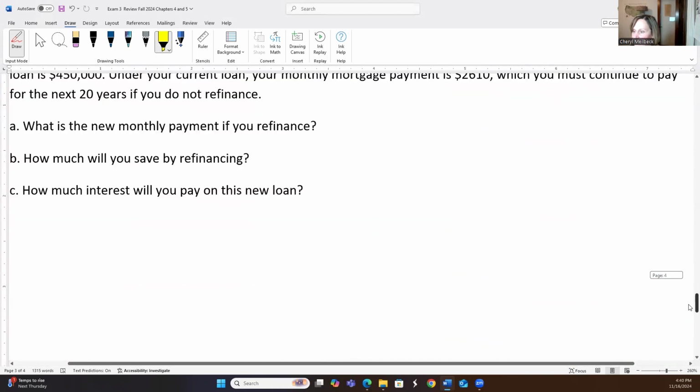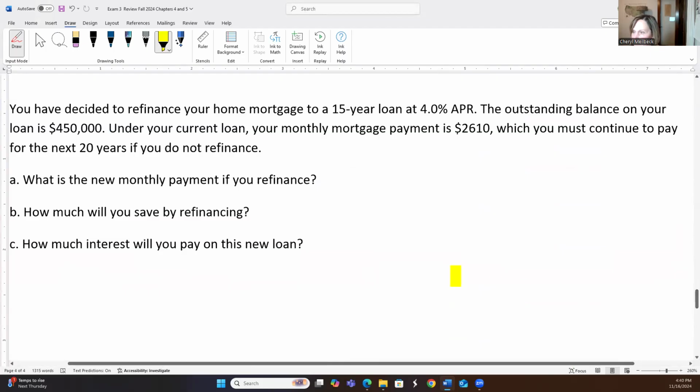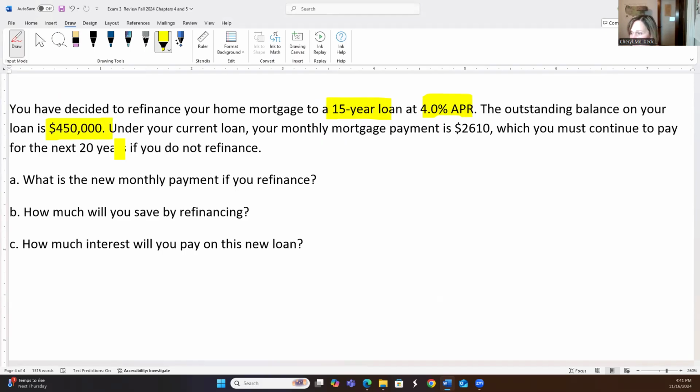All right, let's go on to problem 27. So you've decided to refinance your home mortgage to a 15-year loan at 4%. The outstanding balance of your loan is $450,000. Under your current loan, your monthly payment is $2610, which you must continue to pay for the next 20 years if you do not refinance.